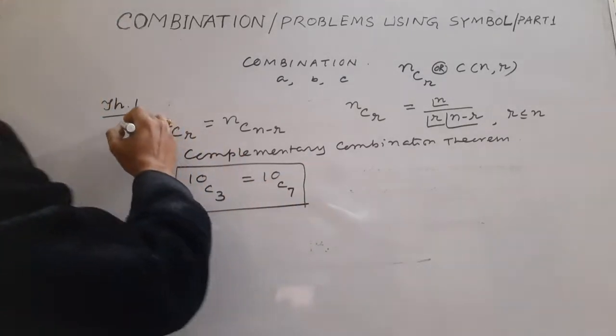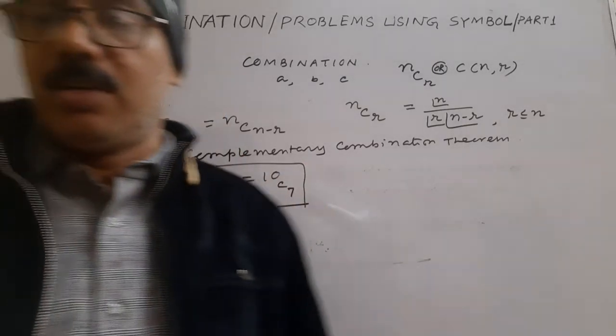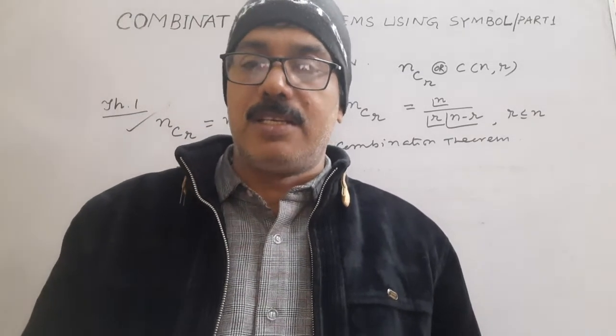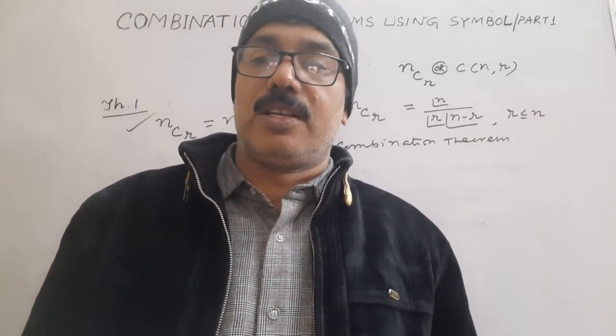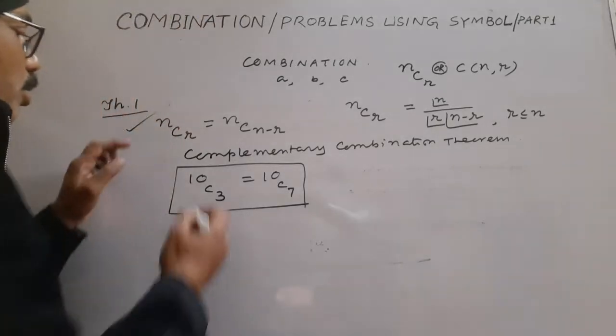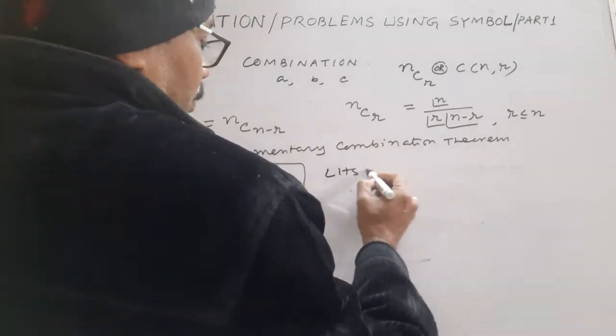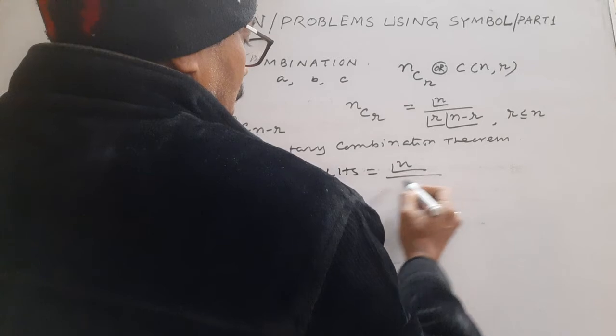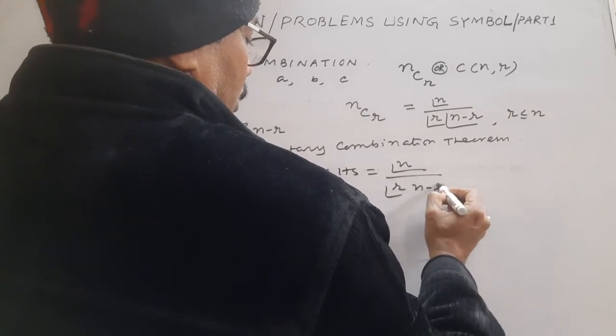The proof of this theorem is very simple. You expand the left hand side and the right hand side, and you get the same. LHS is factorial n by factorial r times factorial n minus r.